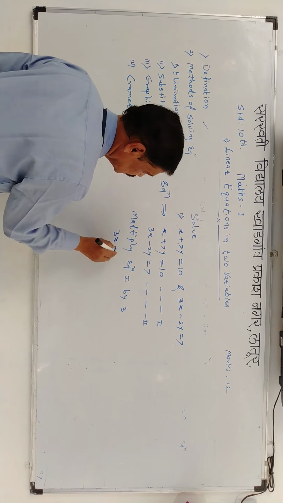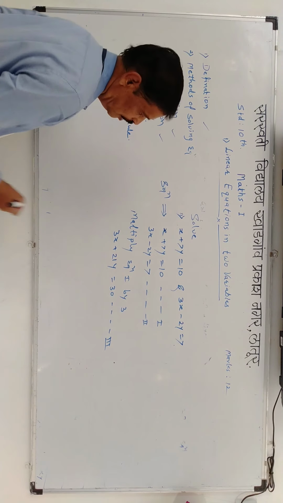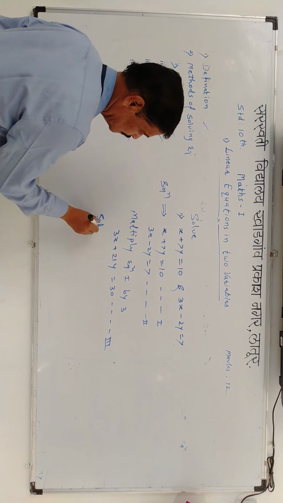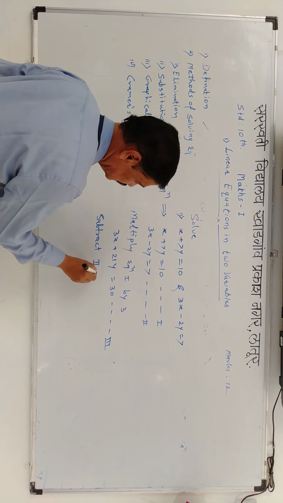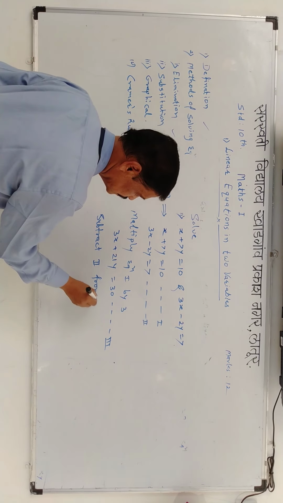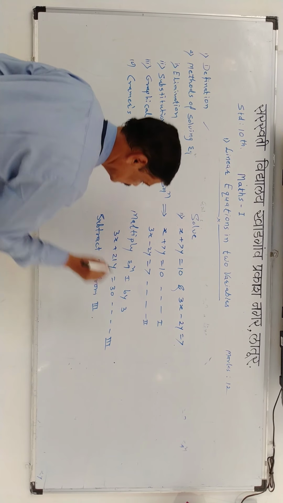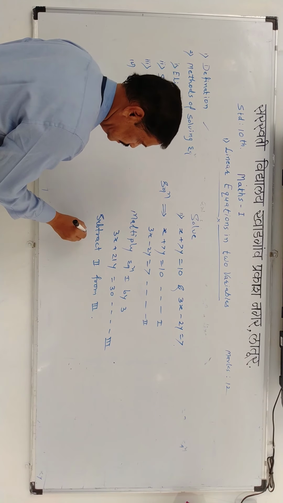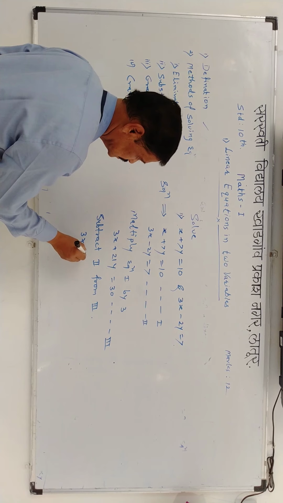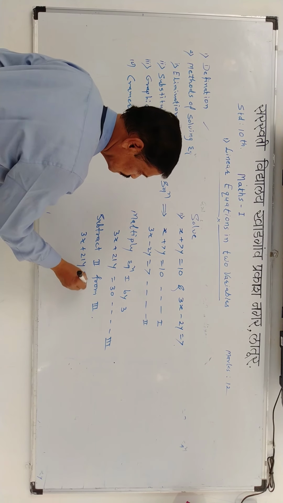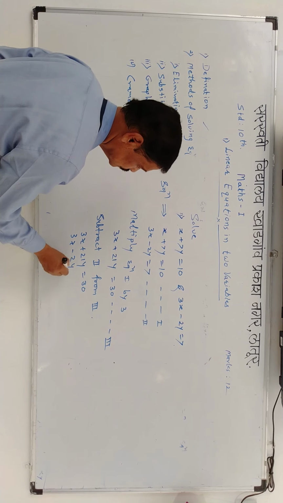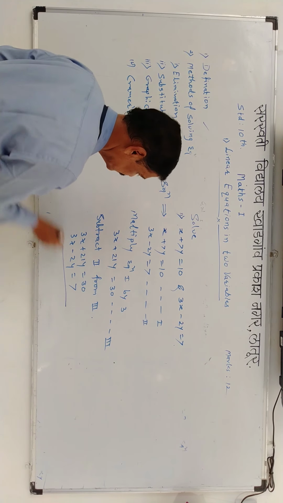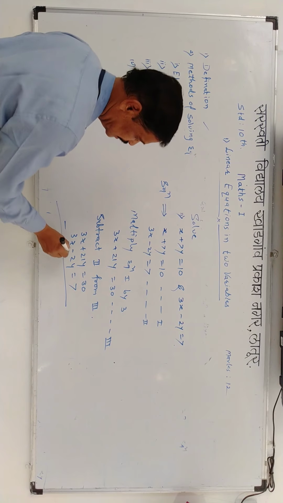Name it as the third equation. And now subtract the second from the third. 3x plus 21y is equal to 30, and 3x minus 2y is equal to 7. Subtract it.